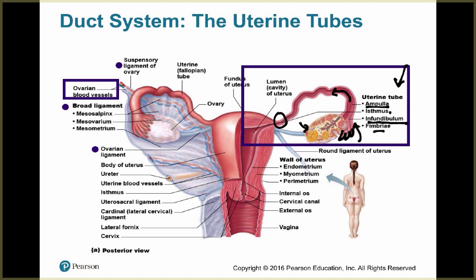Now you can see basically that it's held in place by 3 main ligaments. You can see the suspensory ligament here. You can see the broad ligament here. And if you look, there are several different ones, but we're not really looking at those in particular when we go through here. The only one that I will point out is the mesosalpinx.